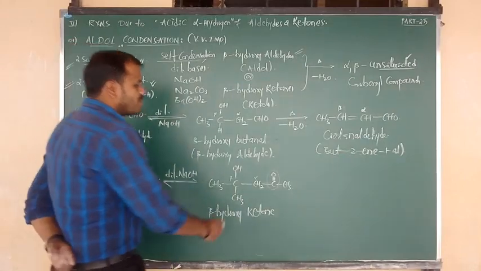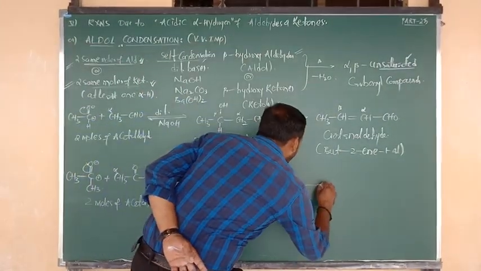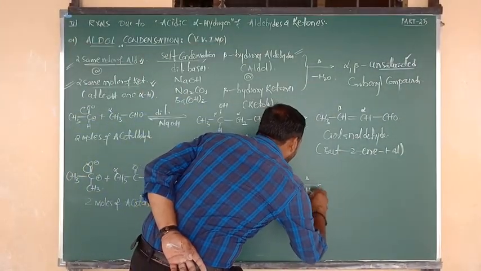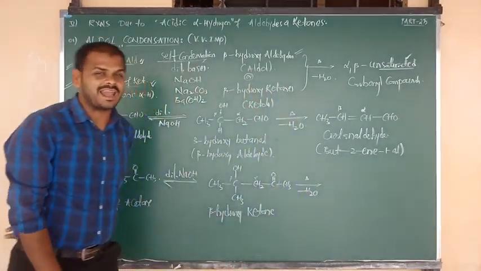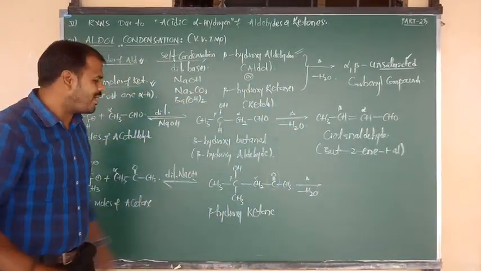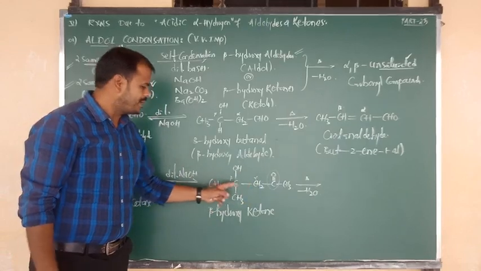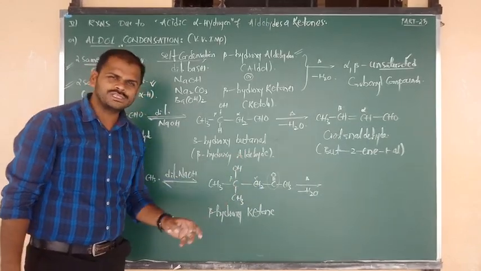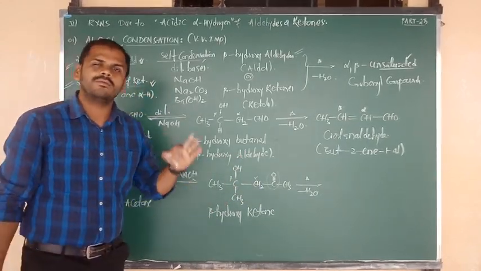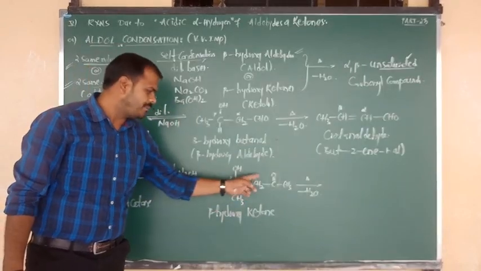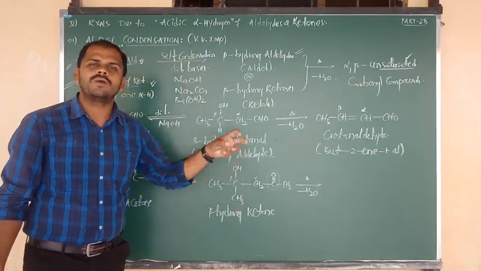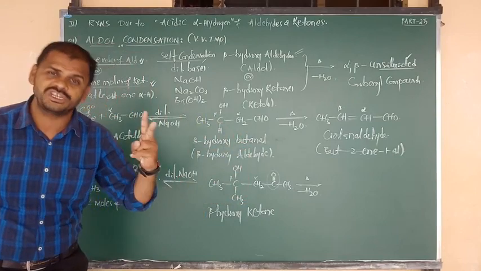Okay now, followed by it, upon heating it undergoes dehydration. How to do dehydration, I have already told you. From alpha we have to remove the H and from beta carbon we have to remove the OH. They are eliminated in the form of a water molecule. After that, between alpha and beta, in place of the single bond, what do we have to write? Double bond.